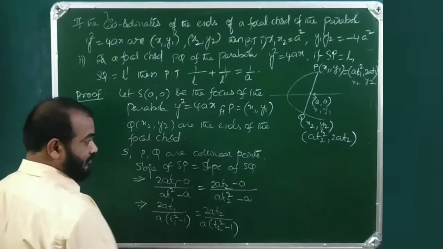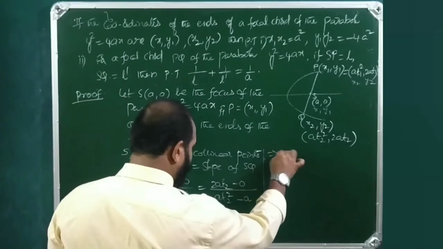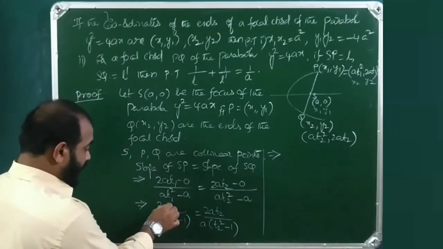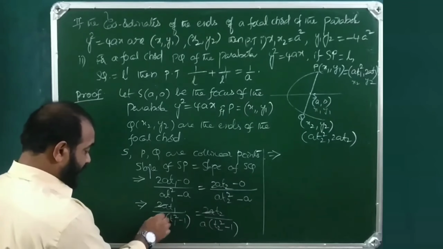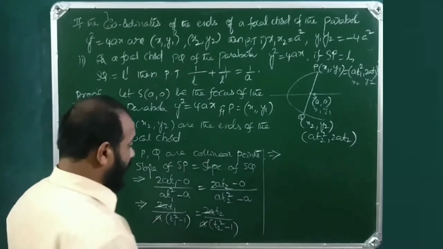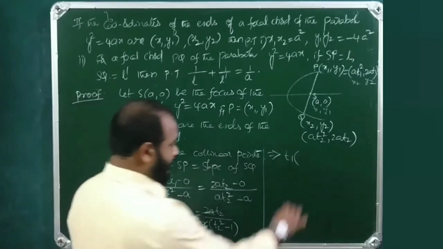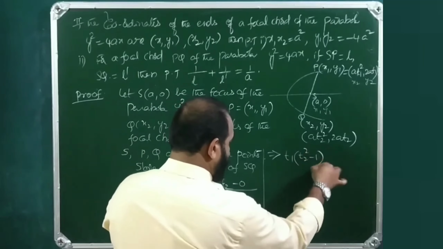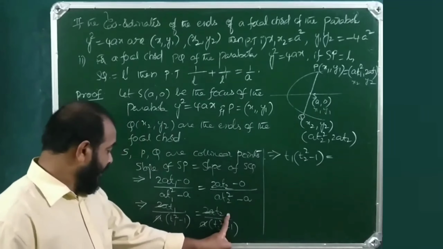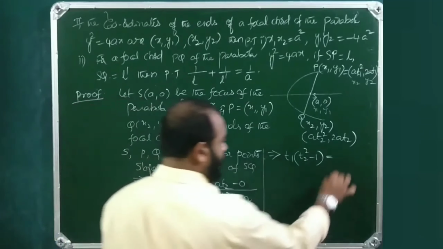So 2a gets cancelled, and here a gets cancelled. So t1 into (t2 square minus 1) equals t2 into (t1 square minus 1).